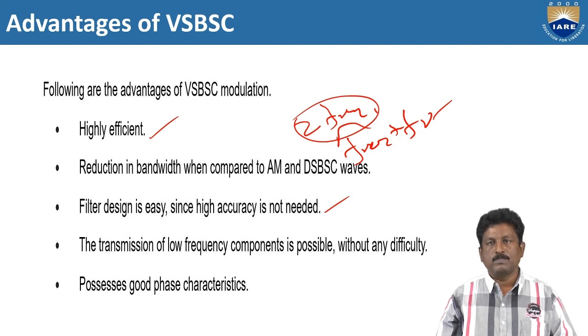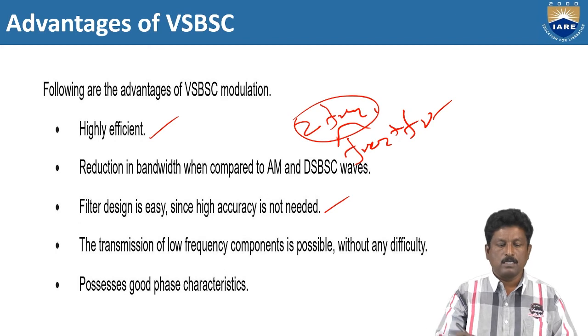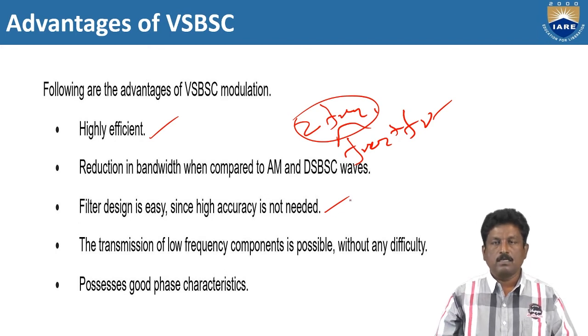Whereas in case of the SSB, there is an exact bandwidth for the lower sideband or upper sideband, so it is very difficult to design the filter function for SSB, whereas for the VSB it is easy. So the filter design is easy for the VSB-SC wave.